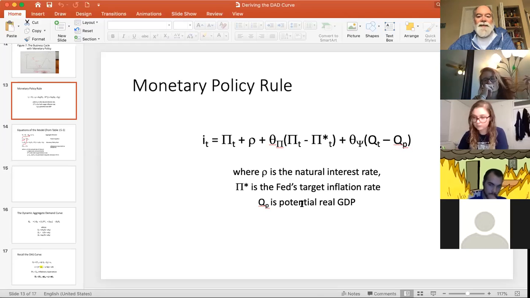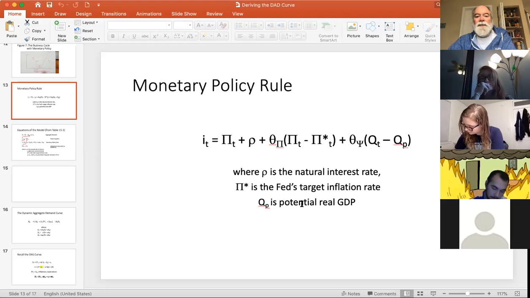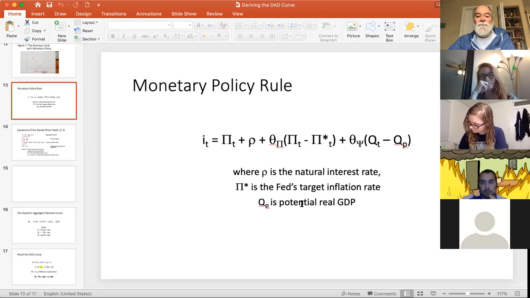Okay, what that means is the actual interest rate, the nominal interest rate, will equal the rate of inflation plus the natural interest rate, which, because we're at full employment and potential GDP, is equal to the real rate. So what you end up with is i equals pi plus r, the real interest rate.